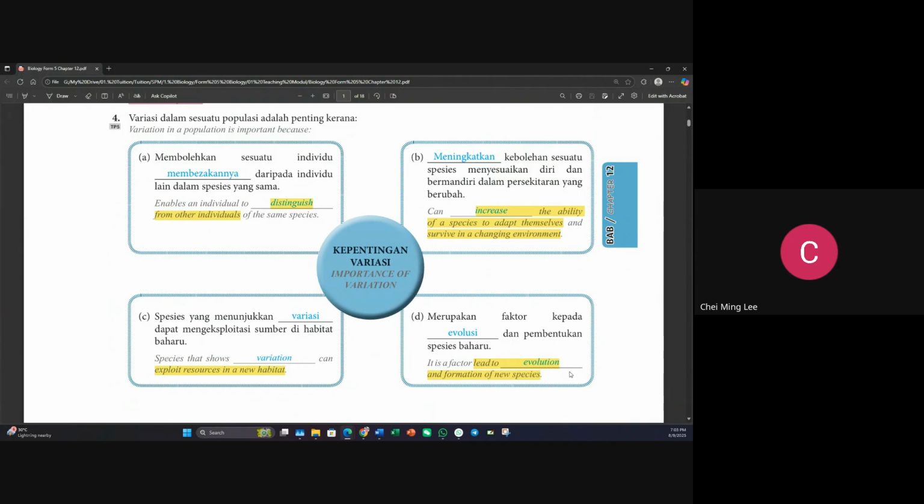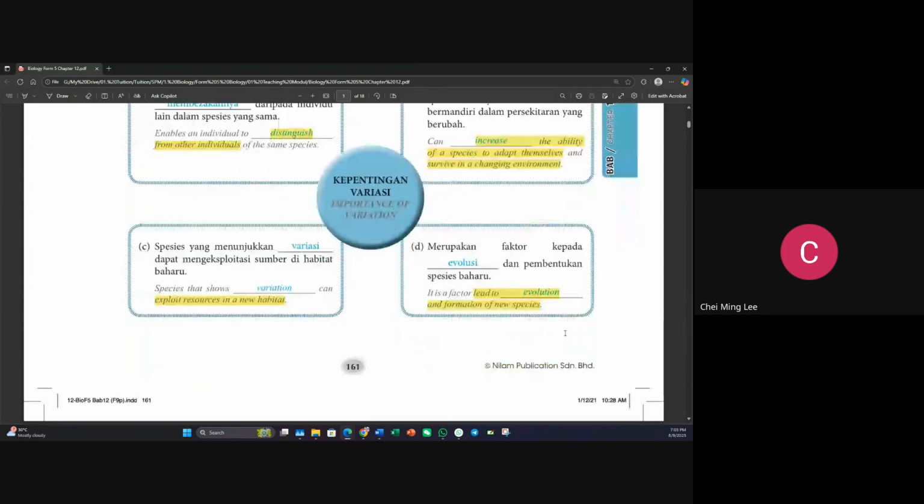And species that show variation can exploit resources in a new habitat because they can adapt to the environment. Then it's a factor that leads to evolution. Like I said, it's actually a small evolution and the formation of new species. Okay, any questions? Okay, Dimitri, Wen Hong.